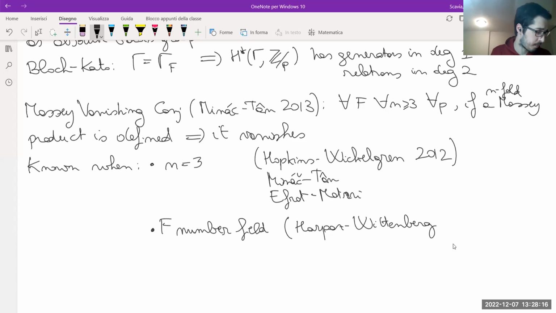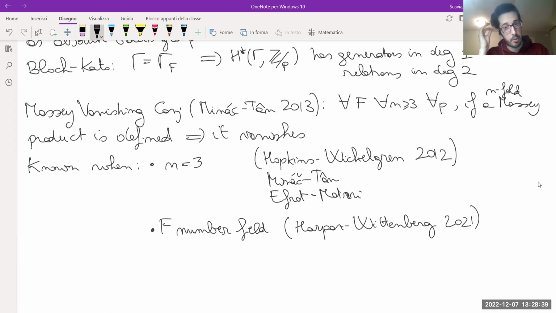I think it was probably published maybe last year or this year, and posted a couple of years earlier. F is a number field, so the field is small, but then any n and any p. So a very strong statement.